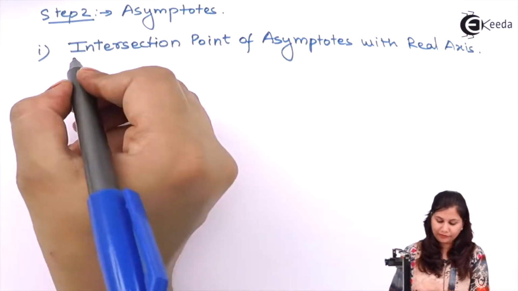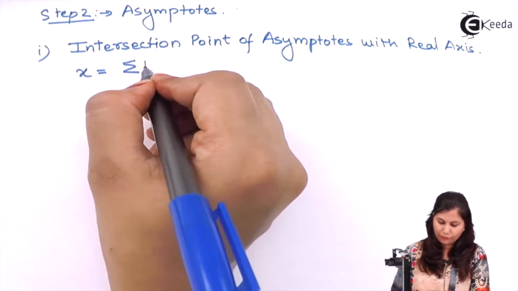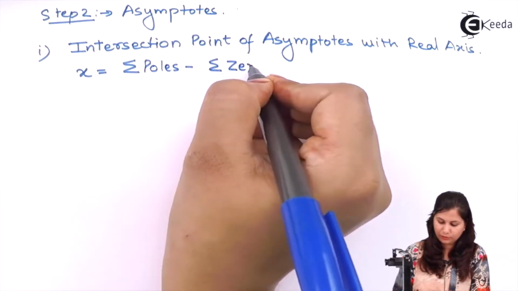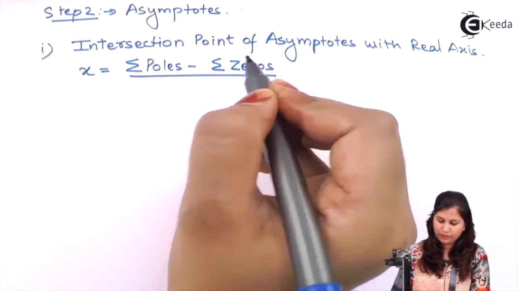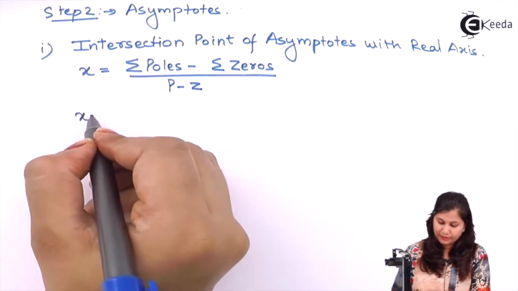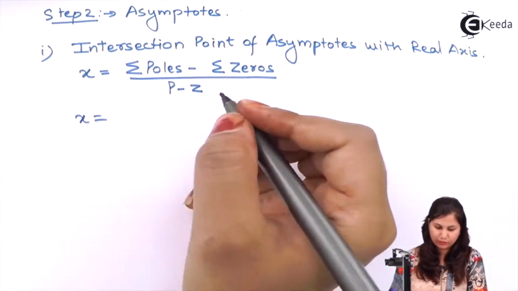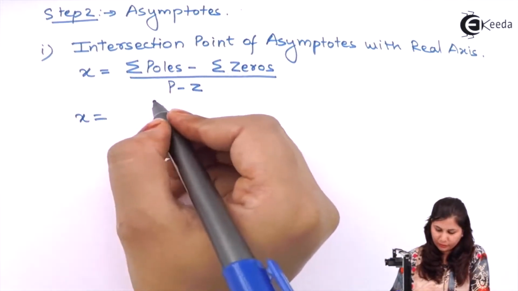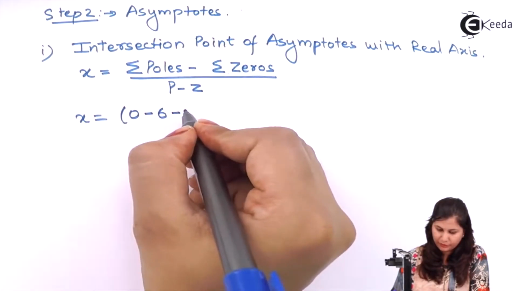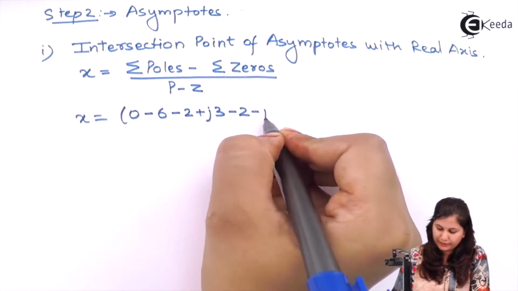So for this we have the formula x equals to summation of poles minus summation of zeros upon P minus Z. So poles we are having s equals to 0, s equals to minus 6, minus 2 plus j3 and minus 2 minus j3.